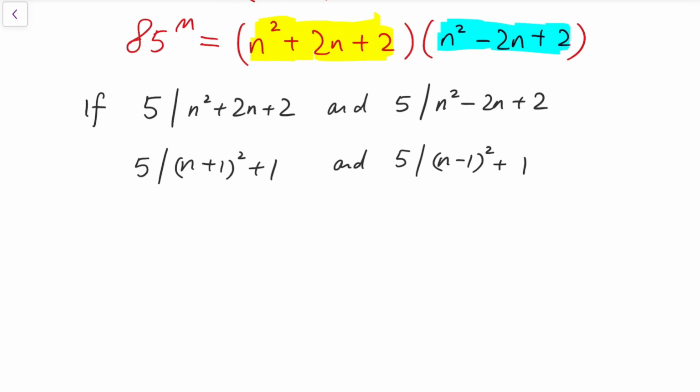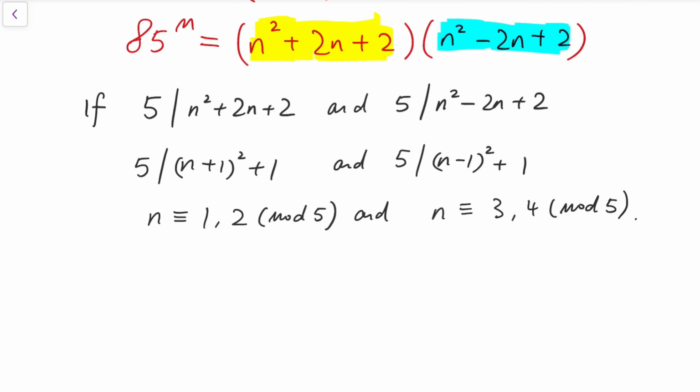For n plus 1 all squared plus 1, n can only be either 1 or 2 mod 5, while for the other case, n can only be 3 or 4 mod 5.